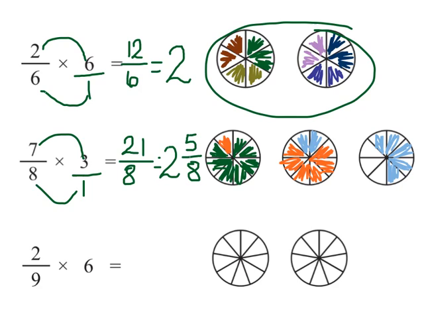Alright, let's try one more. I need 2/9 6 times. So here's a 2/9. There's one of them. Here is a 2/9. That's 2 of them. Here is a 2/9. That's 3.